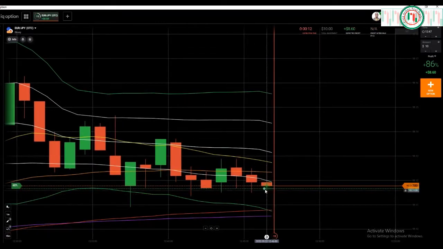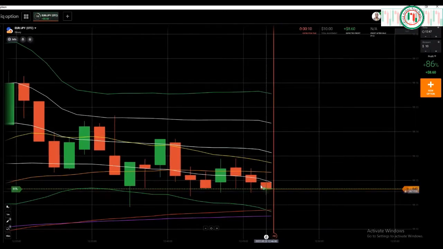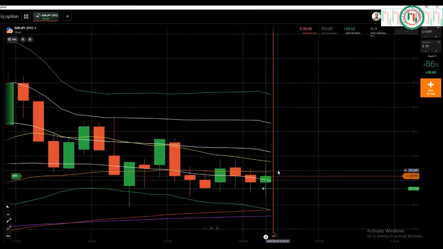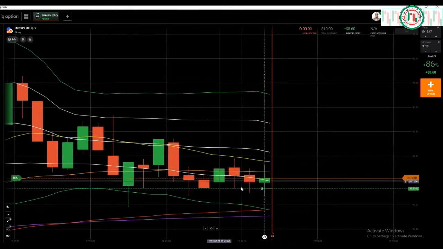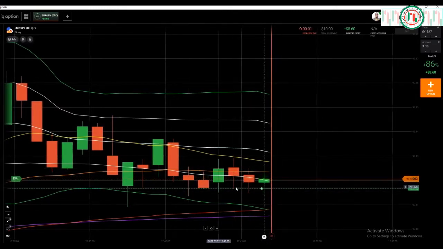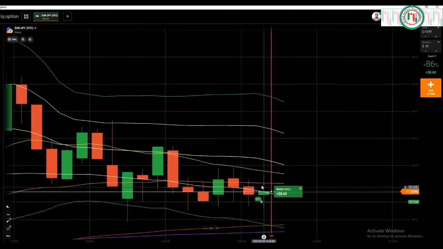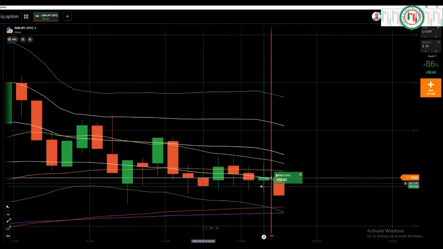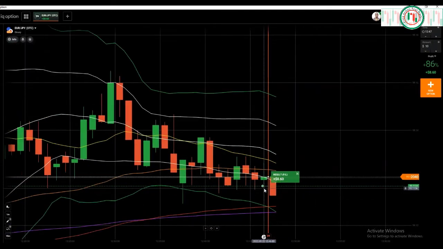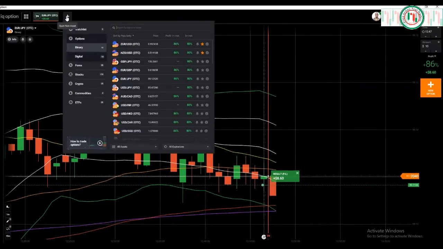In case the market creates a weak candle, I will still win the trade, because in this type of market you see too many wicks, so you have to be careful. The market is not usually creating weak candles, so you see this is a winning trade. Let's check another one.